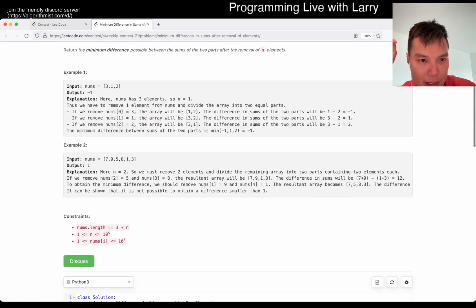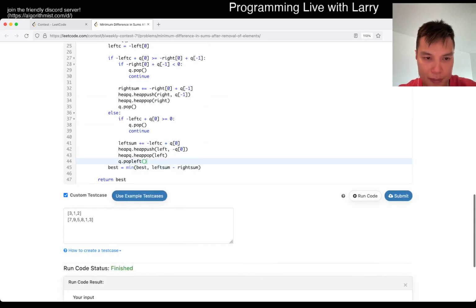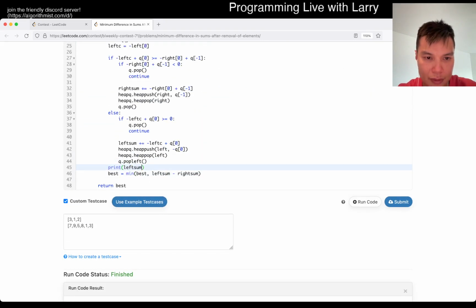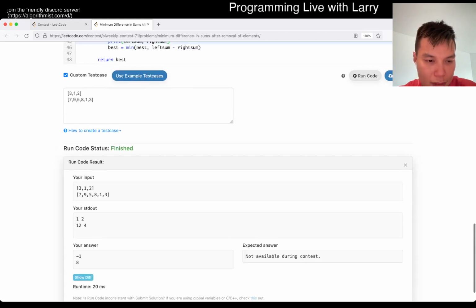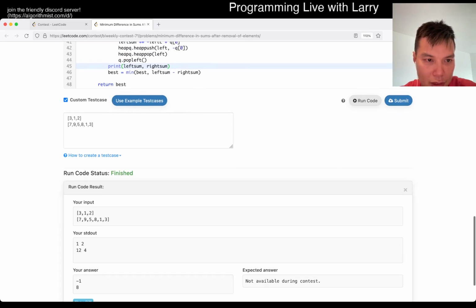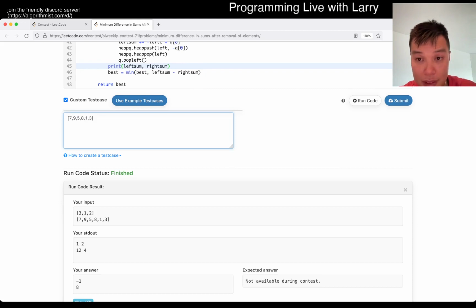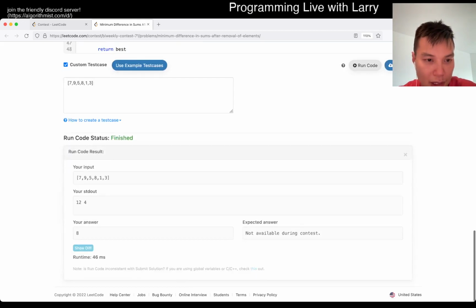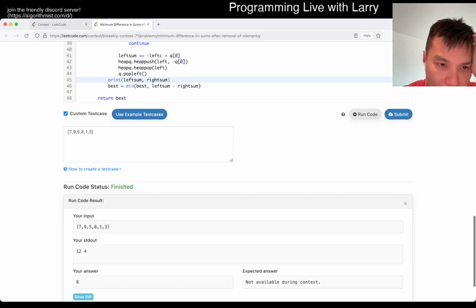Well, this is 16 minus 4. Let's see. Okay. Maybe this is just the wrong idea, to be honest. I'm just trying to play around with different greedy ideas.